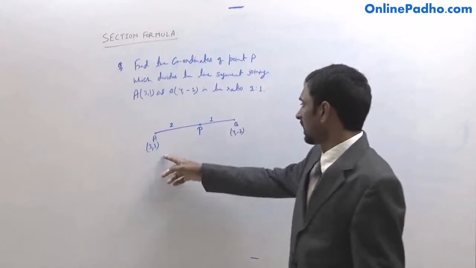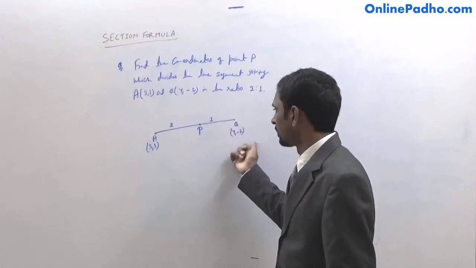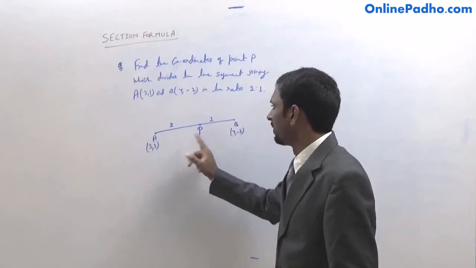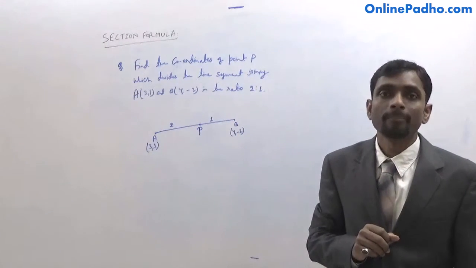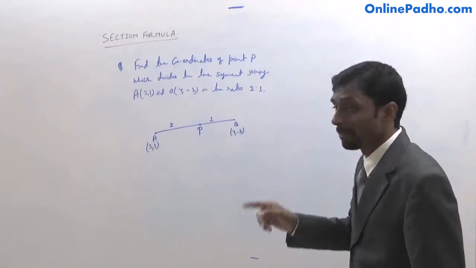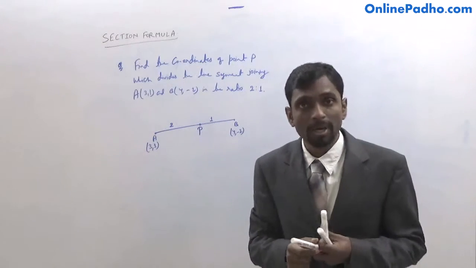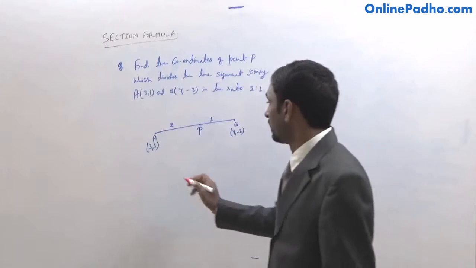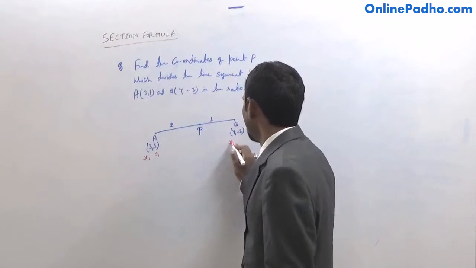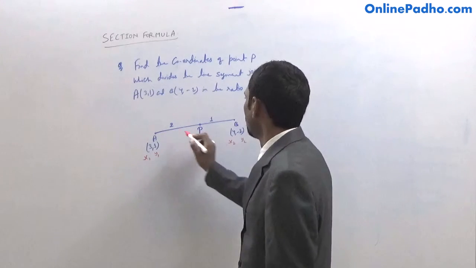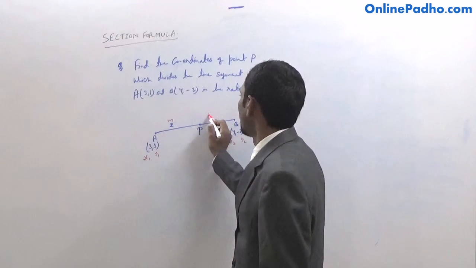We have a line segment joining (3, 1) and (4, -2) and take a point P which divides this line segment in the ratio 2:1. We need to find the coordinate of point P. So here we have x1, y1, we have x2, y2, and we have m and n.